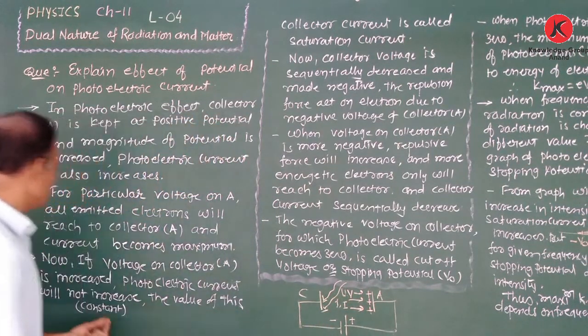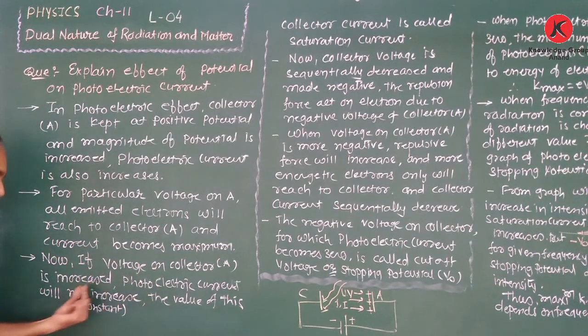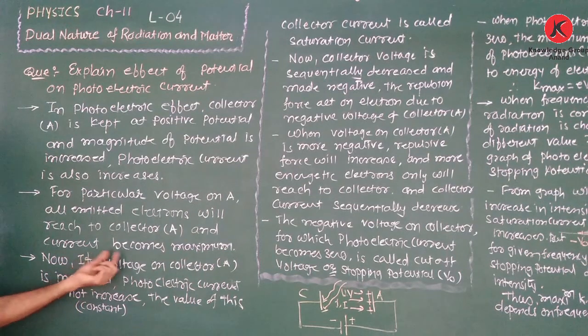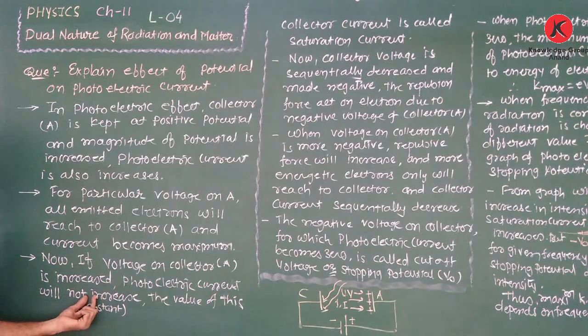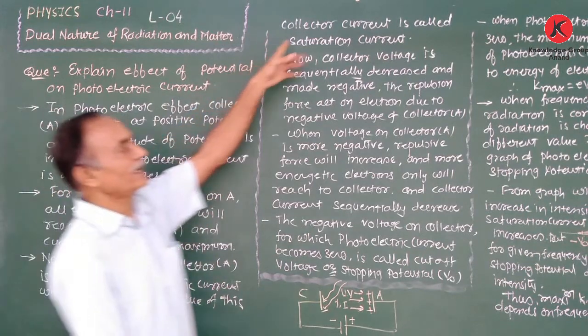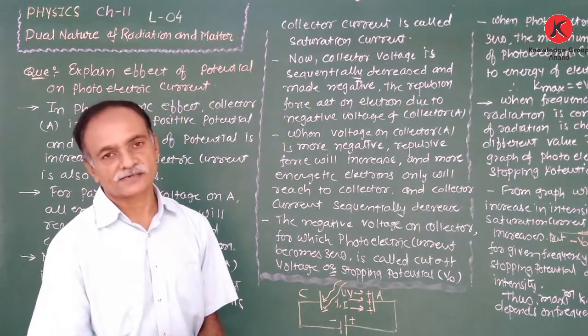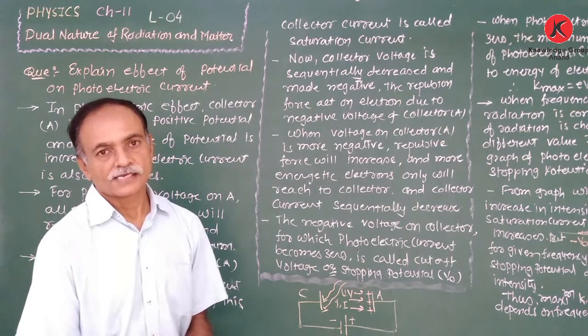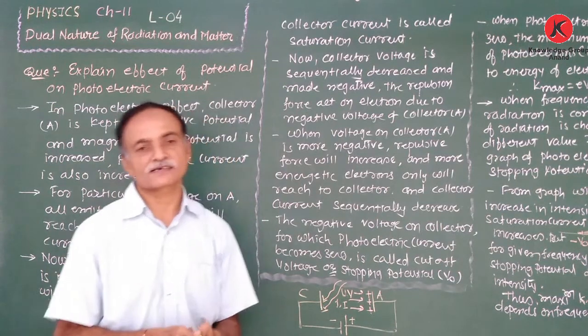If the voltage on the collector is increased, the photoelectric current increases. And at a particular voltage, if the voltage on the collector is increased further, there is no increase in photoelectric current. This value of collector current is known as the saturation current. The maximum current flowing through the circuit is known as the saturation current.